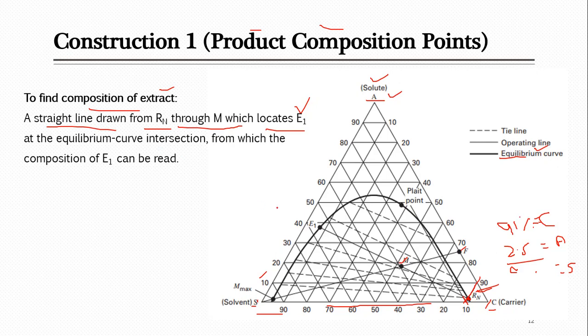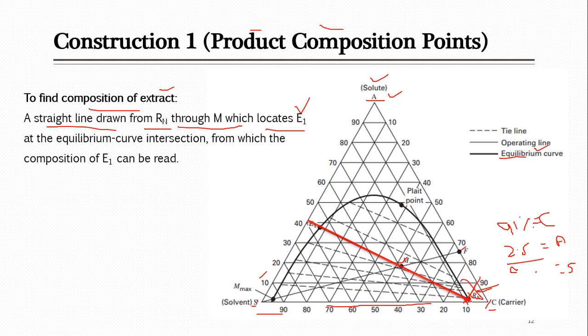So let's look at how you will draw it, because the line is already drawn here, but I want to show you how you have to draw. When you are constructing a diagram, you will have just point Rn and M. You have to draw a line from Rn towards the opposite side of the equilibrium curve, such that it passes through M. Here, what I have done is place the ruler on this system and draw a line.